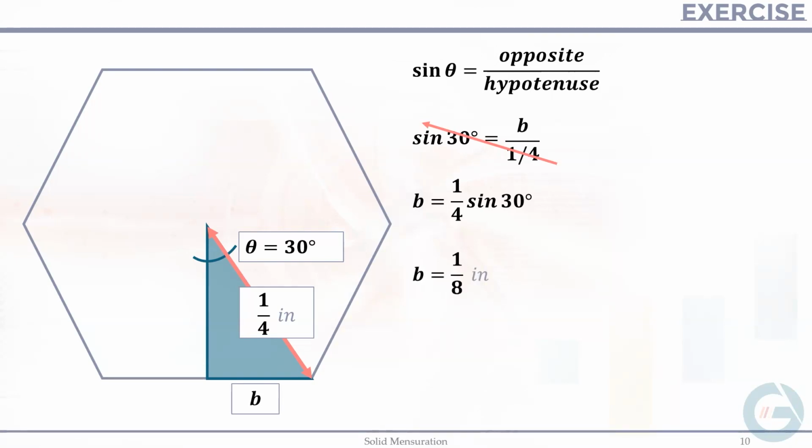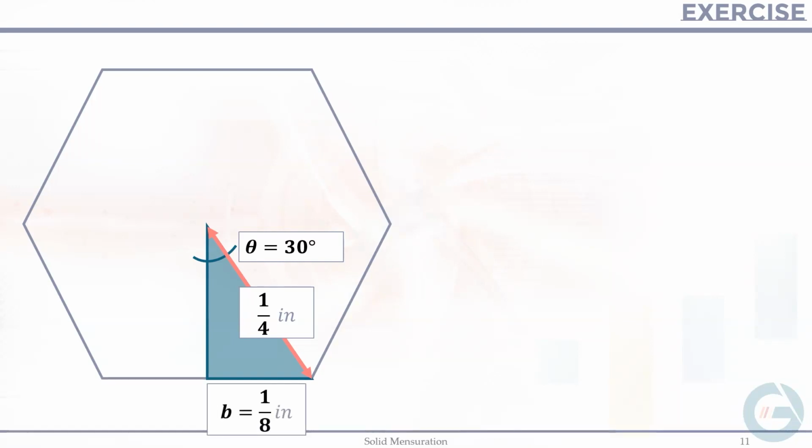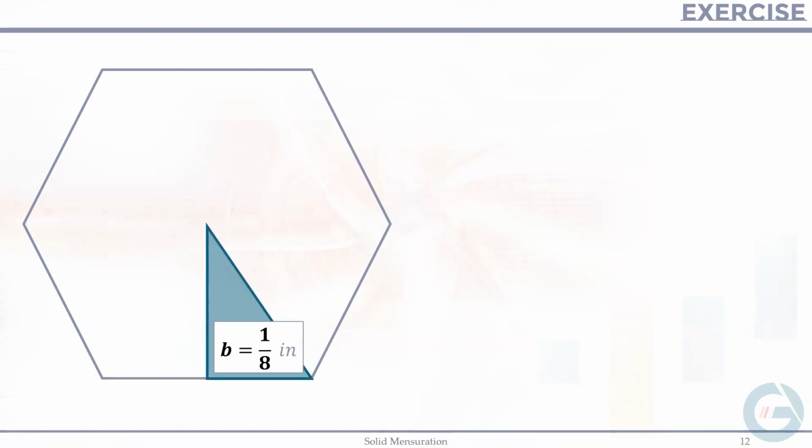The purpose of this B, which is 1/8, is to find the length of the side of the hexagon for the calculation of the perimeter. Since this is 1/8, which is half the side, the overall length is twice that. So 1/8 times 2 is 1/4, which is the length of the side of this hexagon.